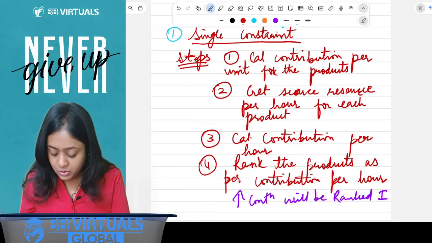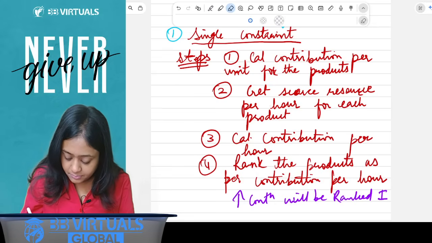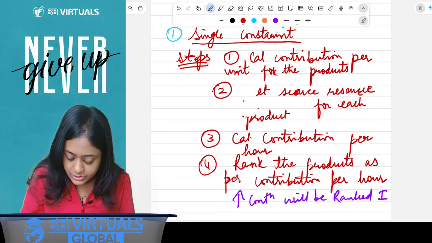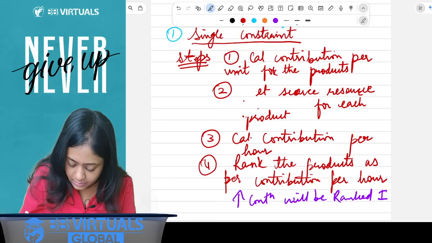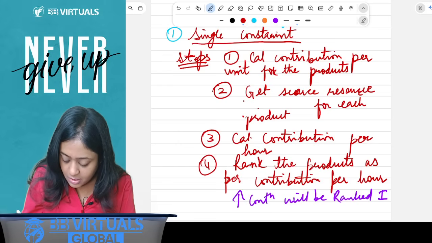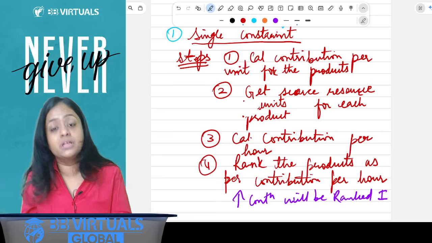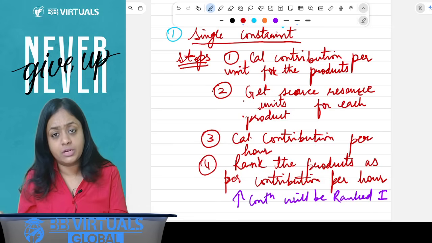Let me just correct it. Actually, it should be get scarce resource units for each product. It can be hours, it can be kgs, whatever it is.